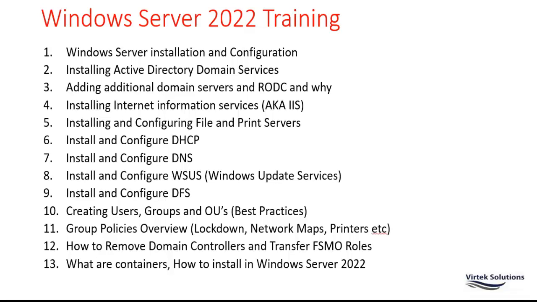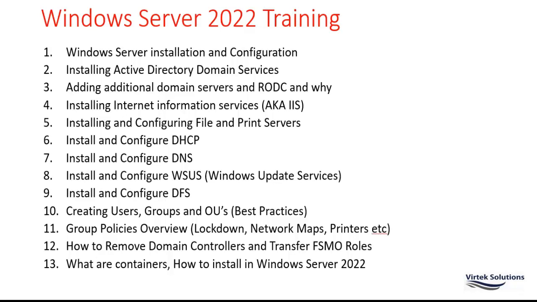Then we will install and configure a file server and a print server. In day-to-day operations at a corporate level, users need to access their files from the network based on permissions and privileges. So installing a file server and configuring it based on the requirements is a key part of being a Windows Server administrator.